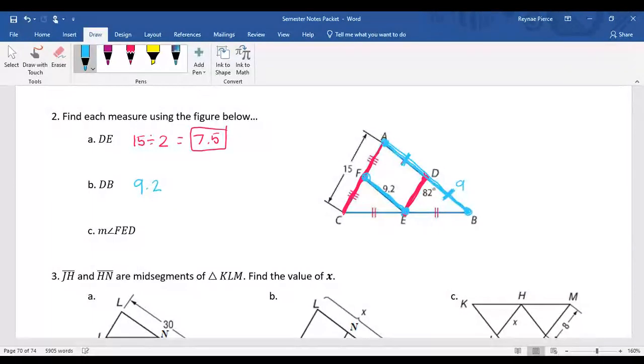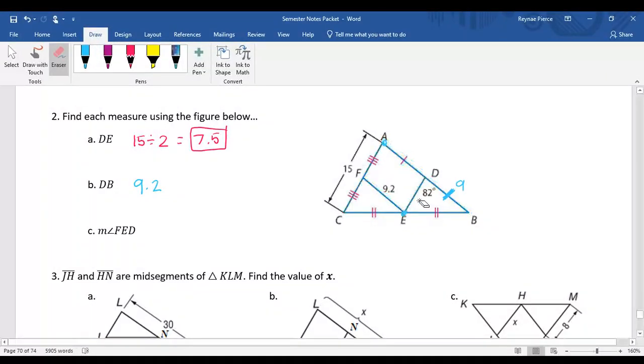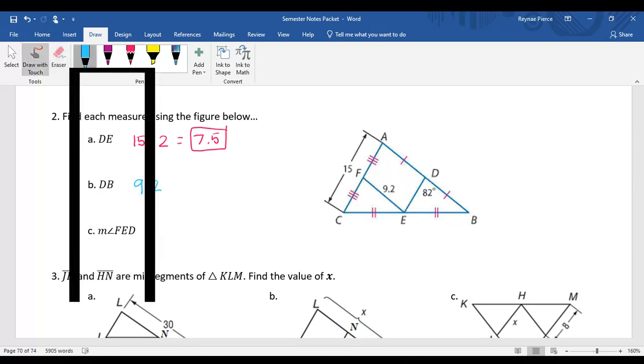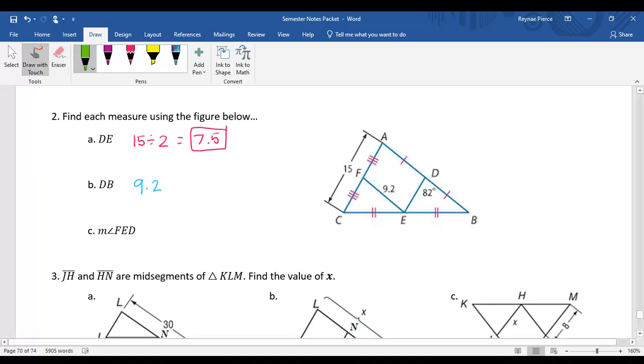Okay, now we're talking about an angle again. So if we look at angle FED, FED right here, FE is a midsegment, AB is that third side that it does not intersect, so these are parallel.